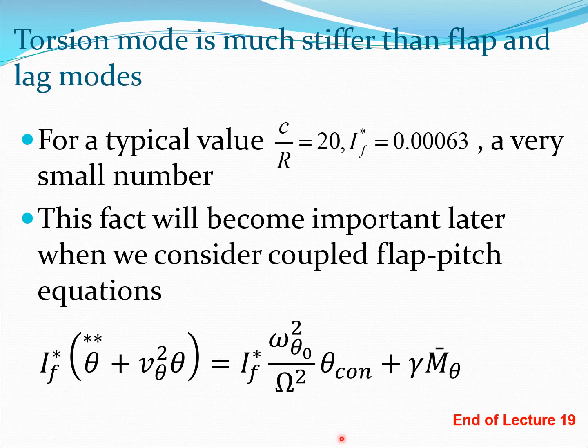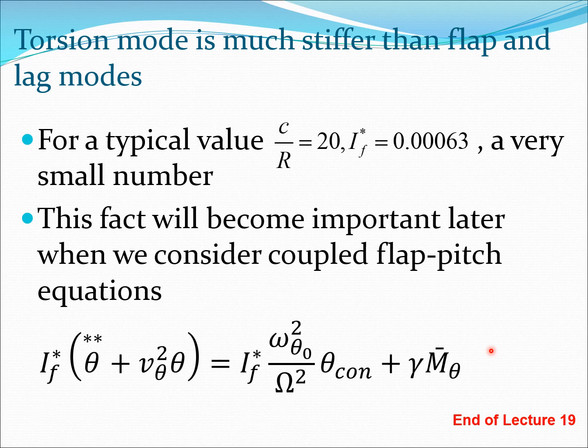But the interesting fact is that when we consider the flap equation together with the torsion equation or the pitch equation in flap pitch coupling, then certain terms can be neglected and certain things become important because of the value of the IF star term. So we are going to consider that fact there. So this was the basic concept about the pitch equation, which we are going to later use in our pitch flap and pitch flap lag models also.